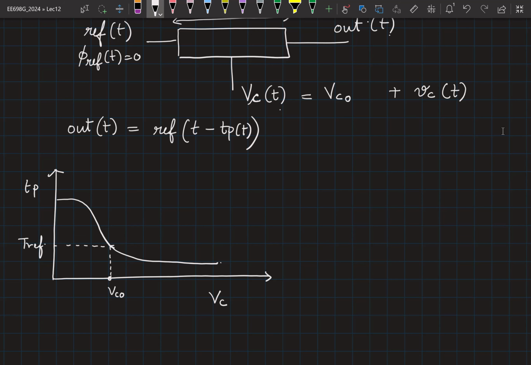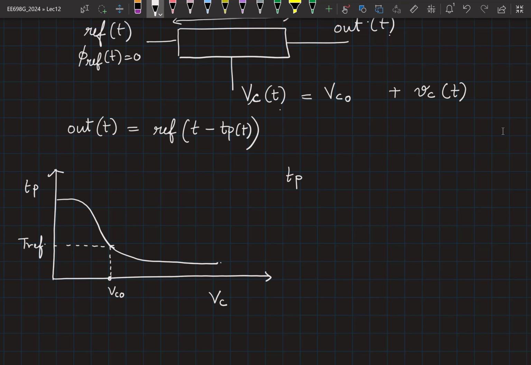Okay. So now I want to write an equation for the delay Tp as a function of Vc. But this curve, as you can see, is very nonlinear. And we want to be able to work with linear systems at small signal level because that makes our life much easier. Right? So we are going to linearize this curve around the operating point.